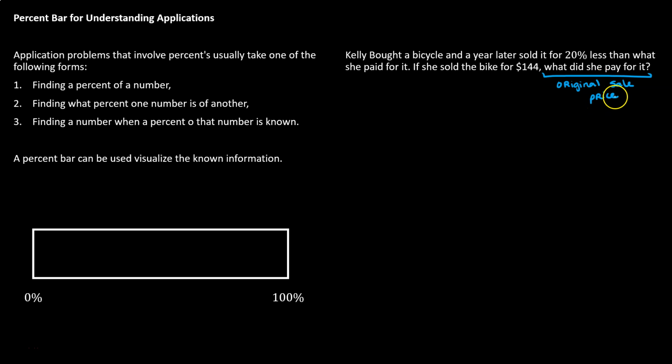And the only clues that we have is that if she took a 20% loss, then it comes out to $144. So if we let the total percent bar be the price Kelly paid, and we say that she is reducing that by 20%, and that comes out to be, oh, I should put the minus 20% on bottom, shouldn't I?